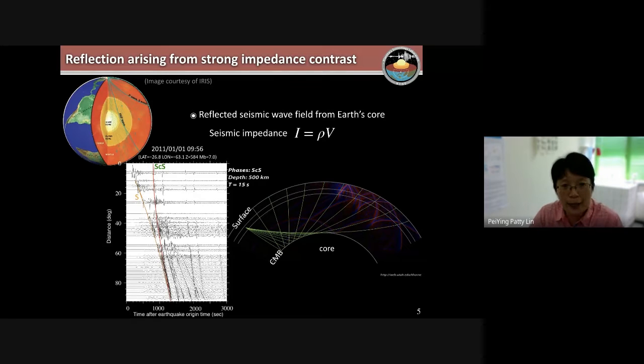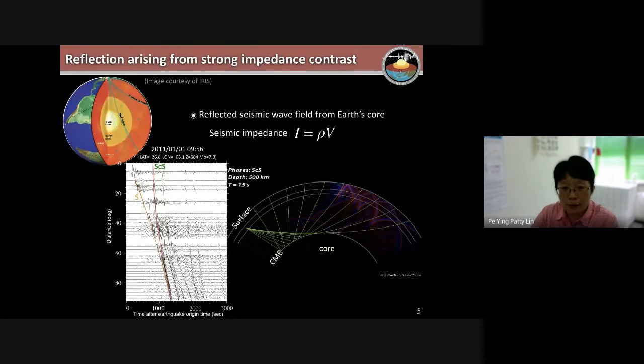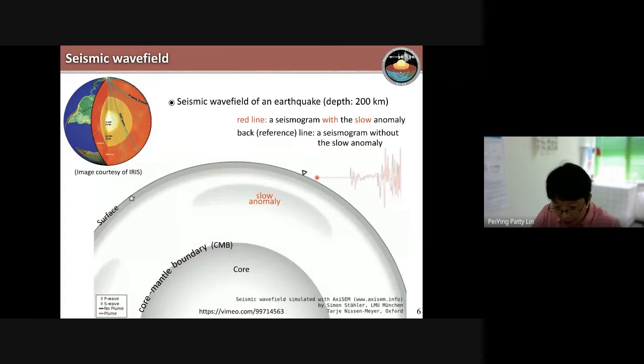Although we know the Earth has a core, this also lets you see that we do have a direct and clear seismic phase reflected at the core-mantle boundary. Okay, and that is one of the ways we try to understand the layering structure in the Earth.